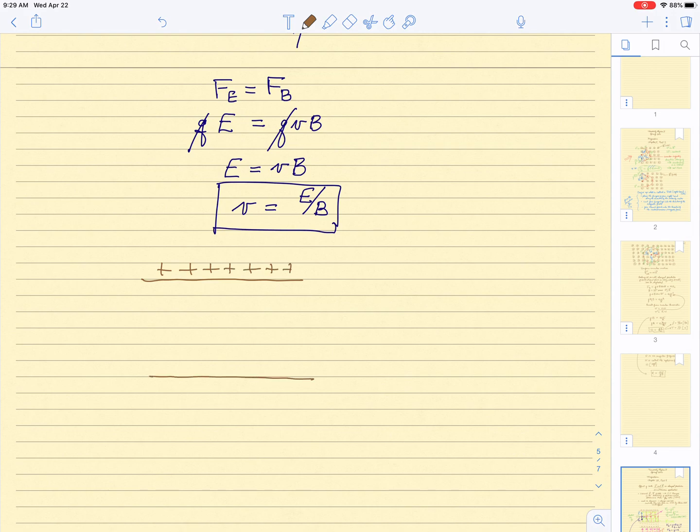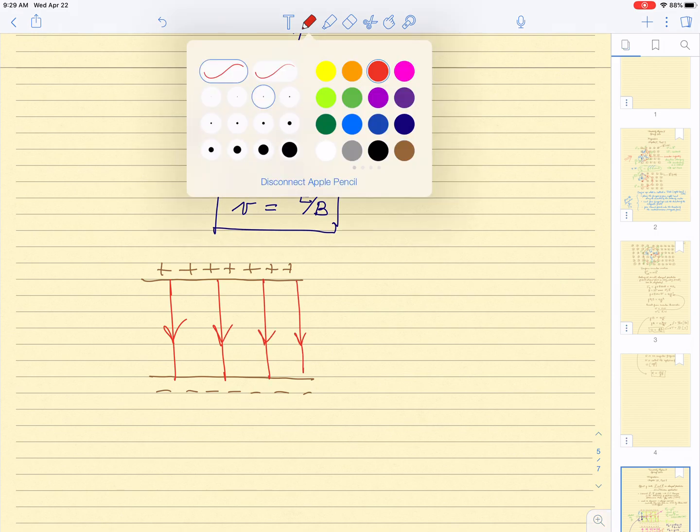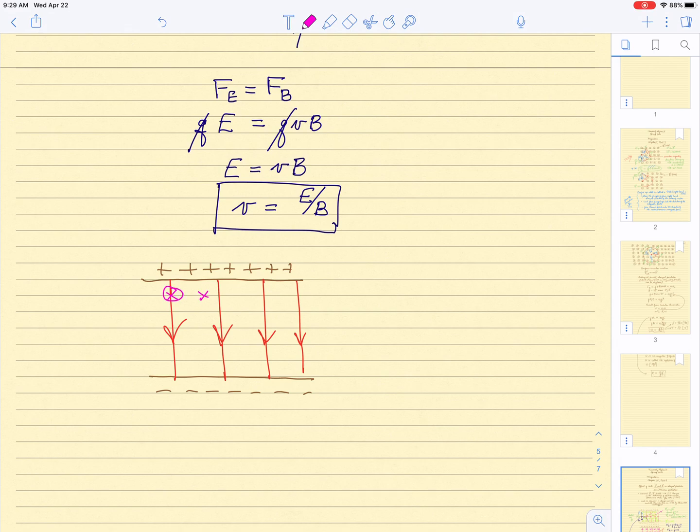Here we have our negative plate. Here we have our electric fields. And here we have our magnetic fields. And they are at 90 degrees with respect to one another. So E is perpendicular to B.